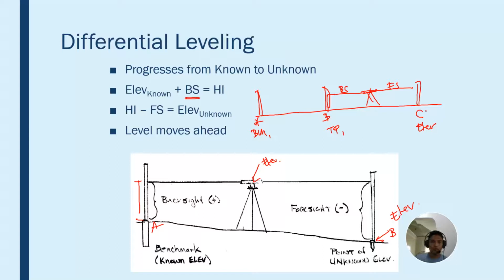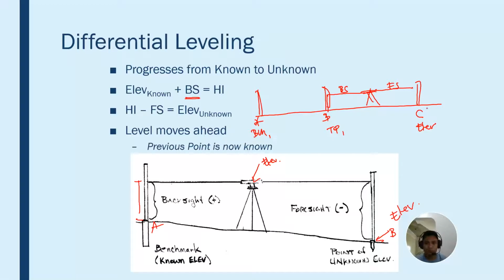So in differential leveling, since there are numerous data that we will be able to collect, it is important to show our values or our data in a tabular form.